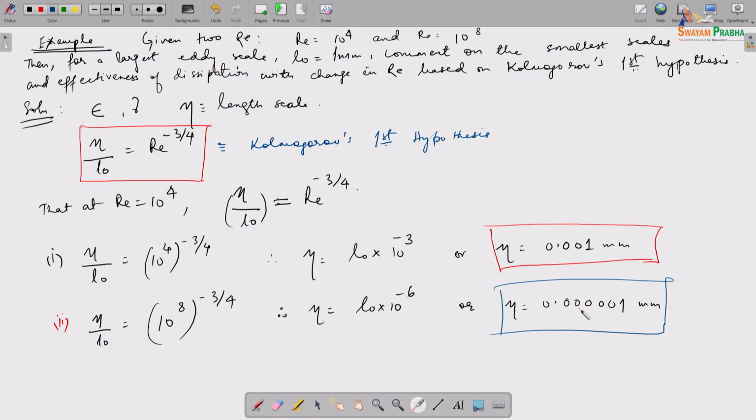That's what we see, right? So there is an increase of Re here. Let's write that down.